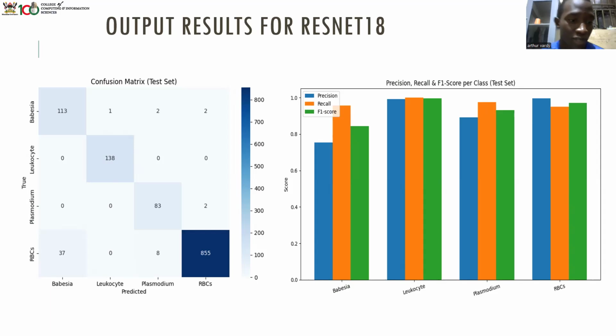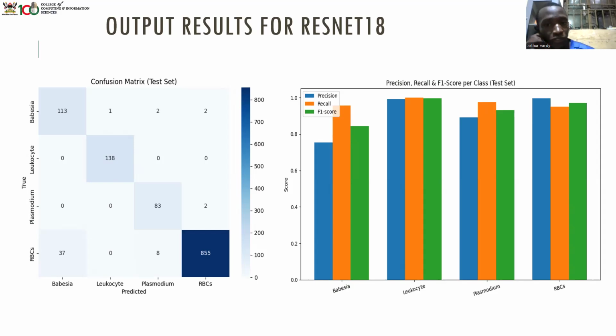Then you have the red blood cells. We had a total of 897 images, and out of those, 855 images were confirmed by the model to be red blood cells, which was a good value to confirm our model.